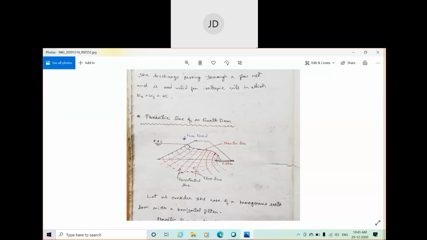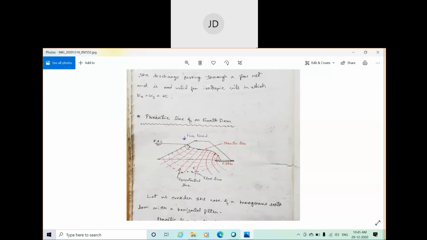And the lines drawn parallel to the upstream face of the dam are known as equipotential lines. So by this, we can predict the flow behavior of water or seepage of water within a dam structure.